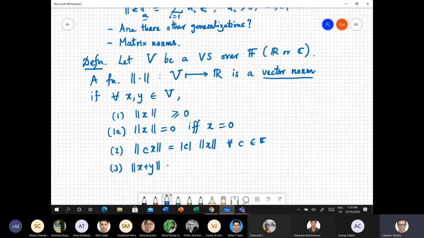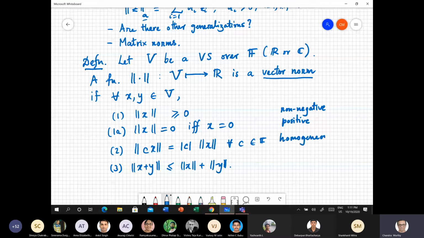This is the only place where y enters into the picture. This property is called the non-negativity property. And this property is called the positivity property. This property is called the homogeneity property. And this is the triangle inequality.